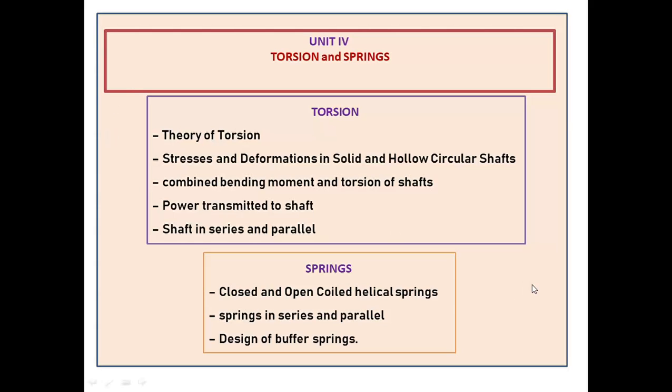That is, the syllabus covers theory of torsion, stresses and deformation in solid and hollow circular shafts, combined bending moment and torsion of shafts, power transmitted to shaft, and shafts in series and parallel. The other part of this unit is springs. Here in this presentation, we are going to discuss only torsion.